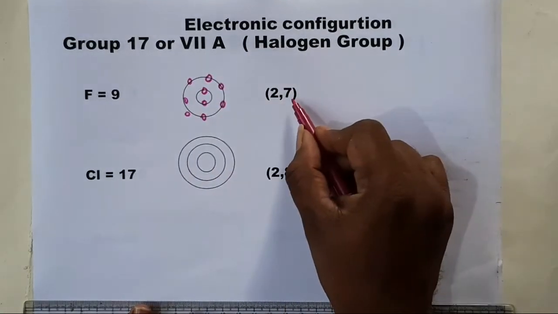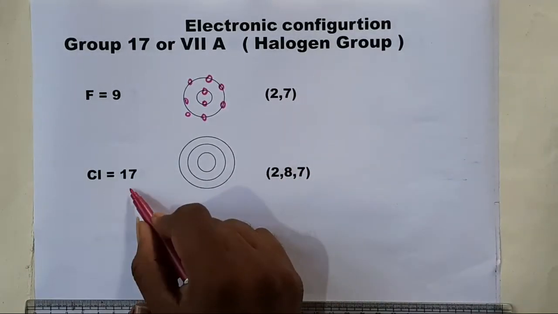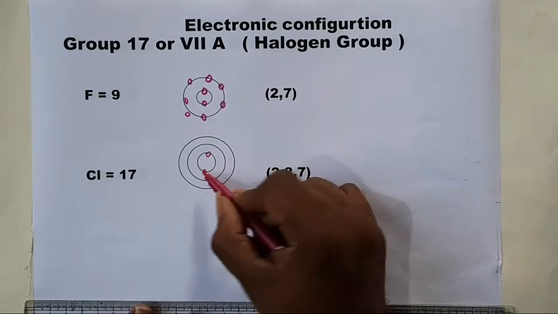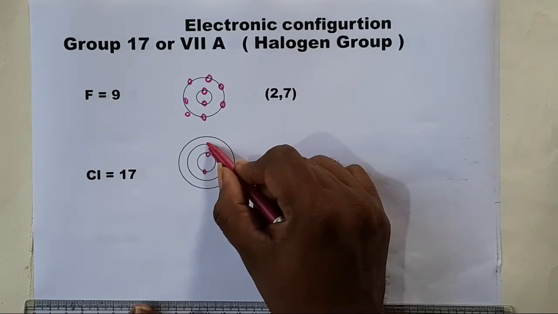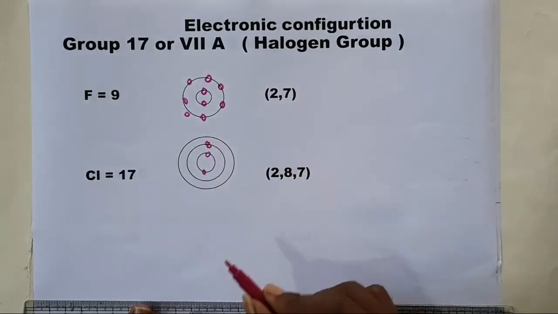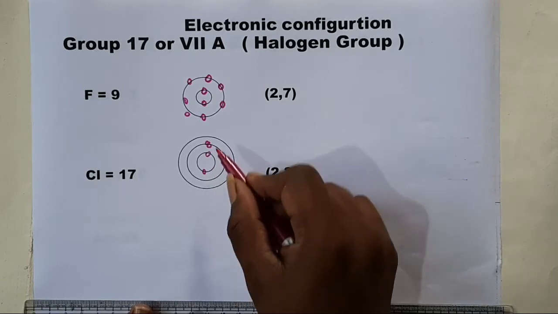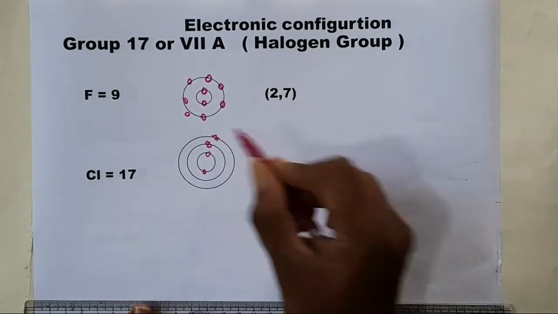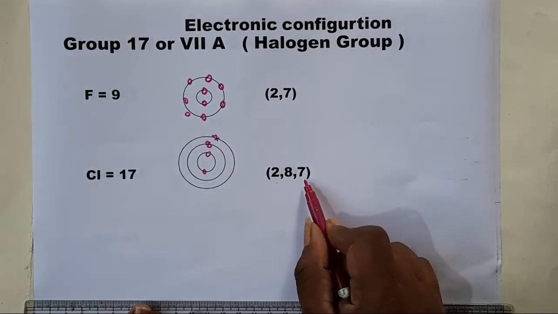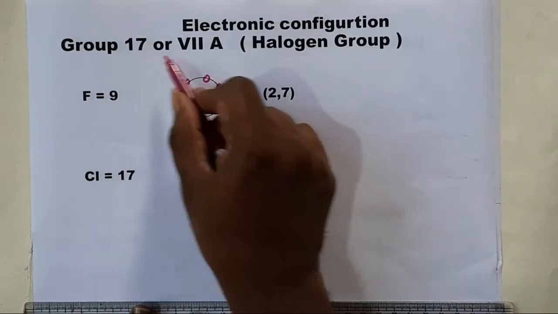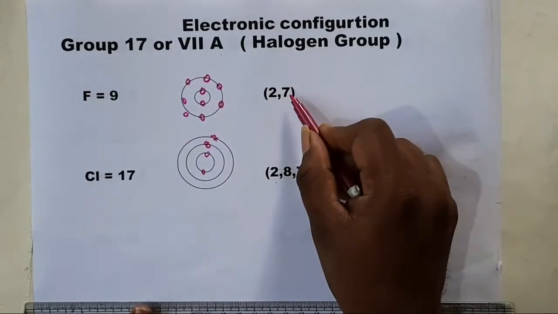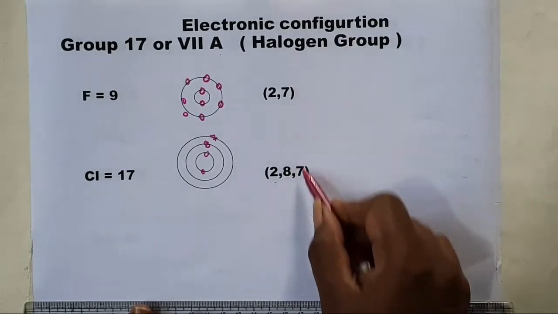That means 2, 7. Chlorine, 1, 2. In the second shell, 8 electrons. So 8 plus 2, 10. How much is remaining? 7. So here you can put 7 electrons. That means 2, 8, 7. So in group 17, that is 7A, the outermost shell has 7 electrons.